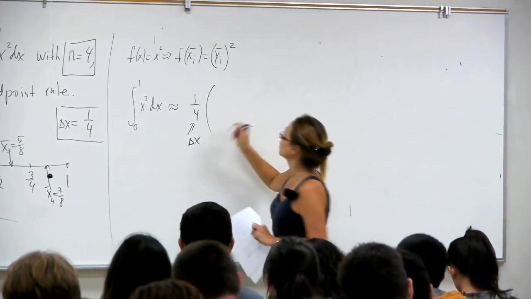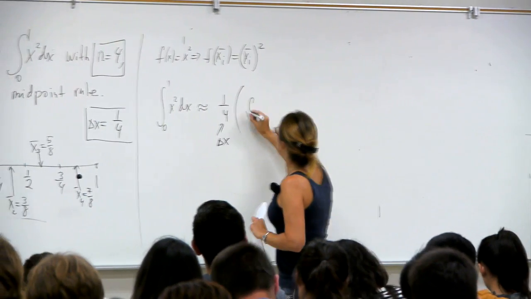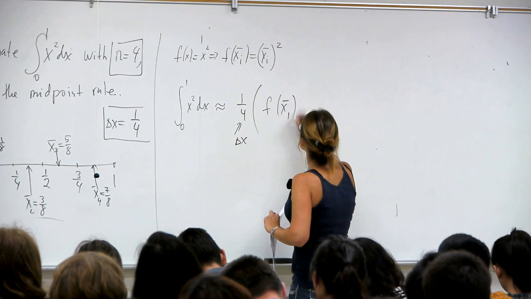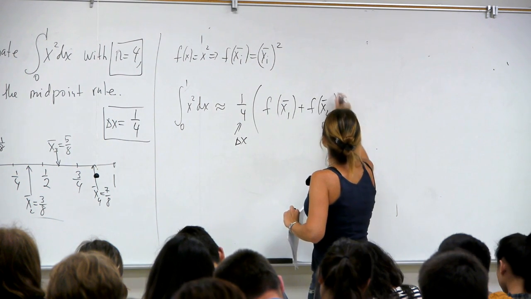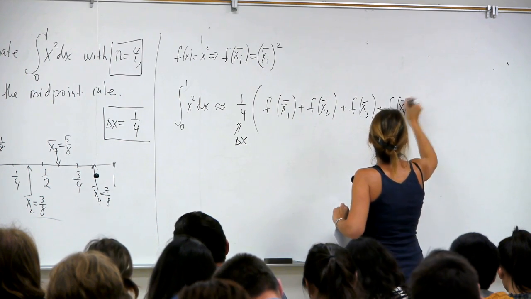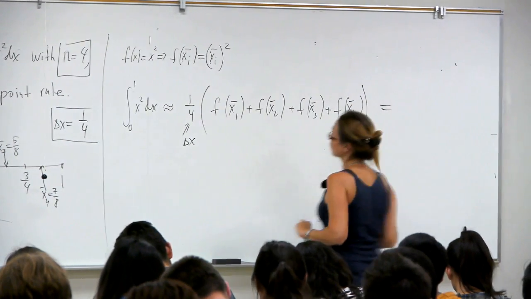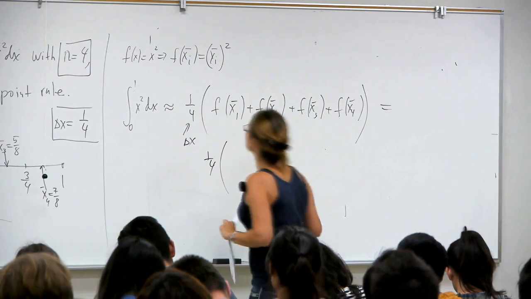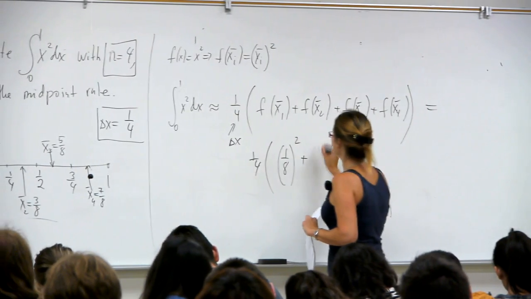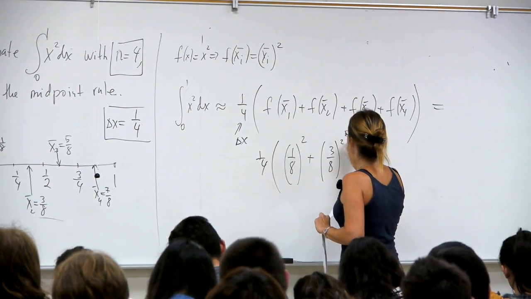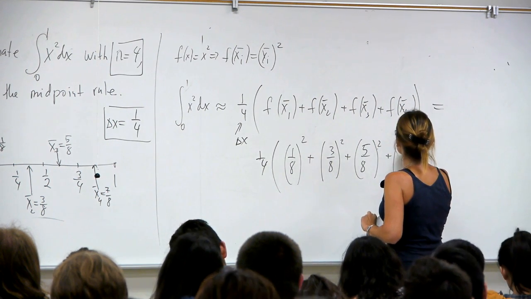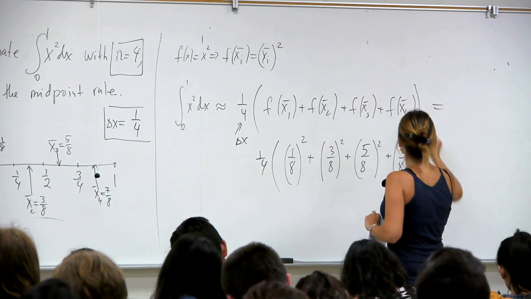And here I have the sum f of x1, x2, x3, x4. So 1/4 of 1/8 squared, 3/8 squared, 5/8 squared, 7/8 squared.